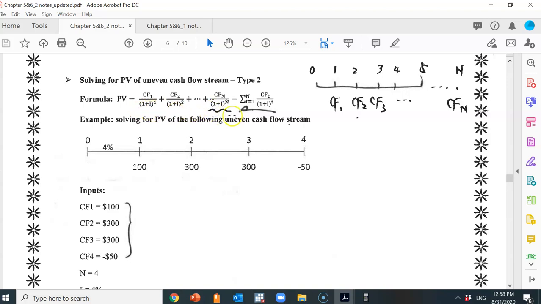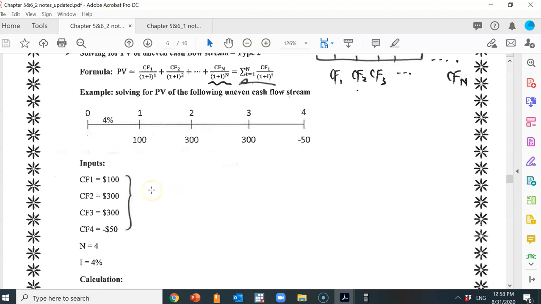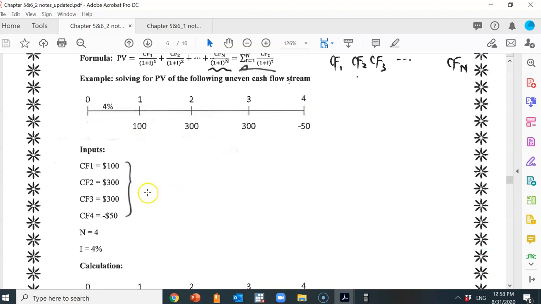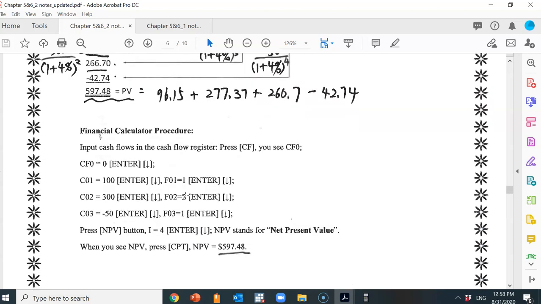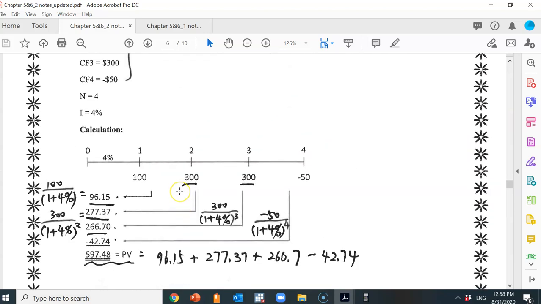Okay, for example, if we have 100 at time 1, 300 at time 2 and 3, and negative 50 at time 4, we can just use the uneven cash flow function on our financial calculator, input all the cash flows and interest rates, and calculate the present value as NPV.